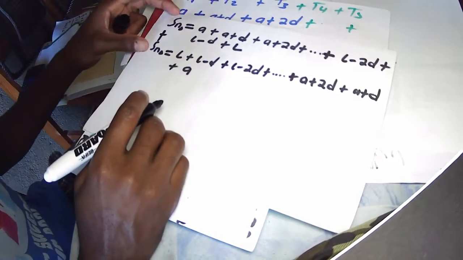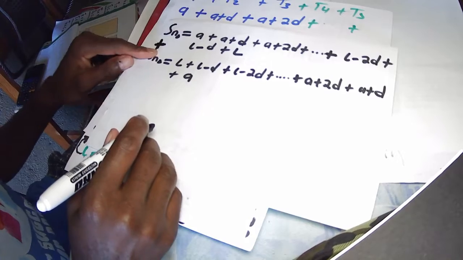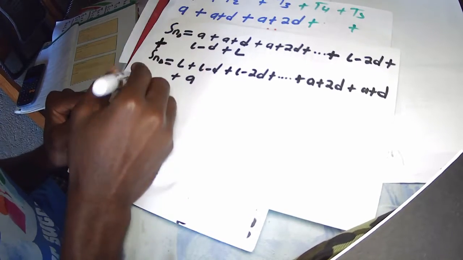So from here we do the summation. Before the equal sign we add Sn plus Sn. What is Sn plus Sn?